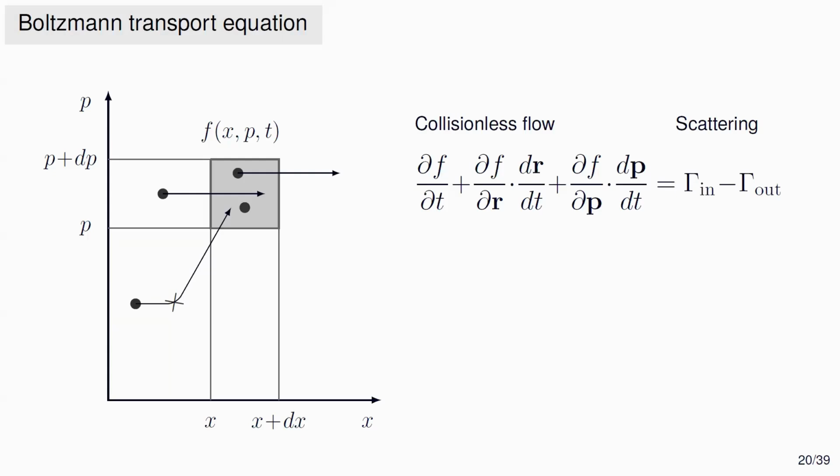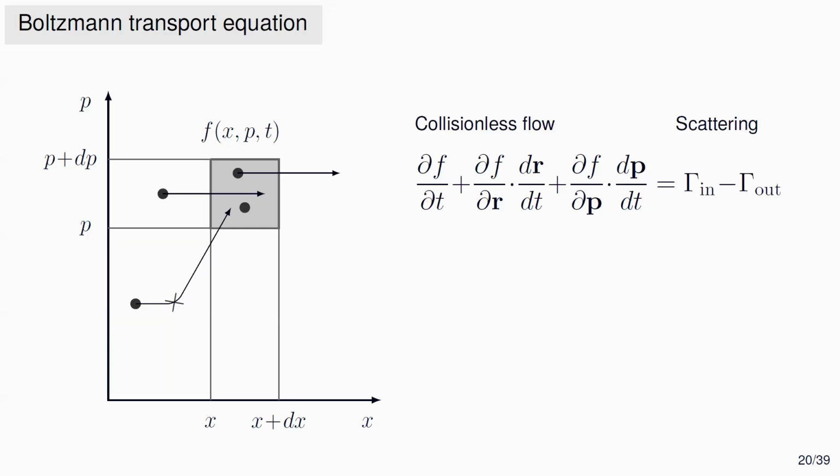The left-hand side is what is called collisionless flow. That means that this is basically accounting for the fact that maybe if I have 2 electrons to start with, there may be another one coming from the left because this has a finite velocity that is positive, so it's moving towards a positive x. Then there will be some electrons that maybe are coming from the bottom. This is because they have some kind of change of momentum coming from an external force.